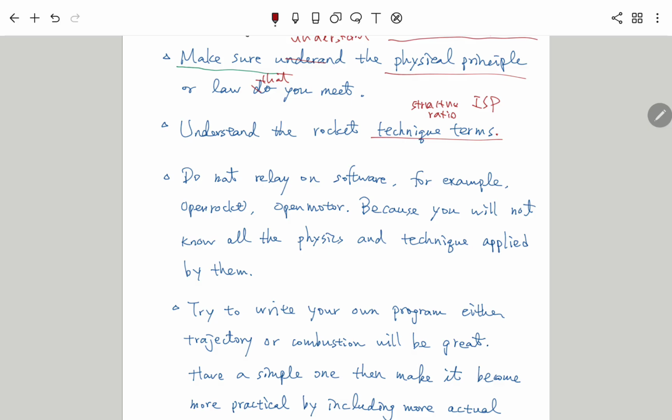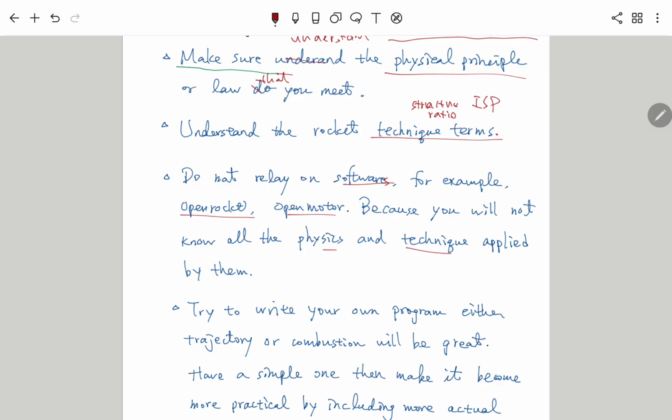And this is also very important from my own perspective: do not rely on software, for example OpenRocket or OpenMotor, because if you rely on these kinds of software, then you will never know what physics or techniques they used behind it.